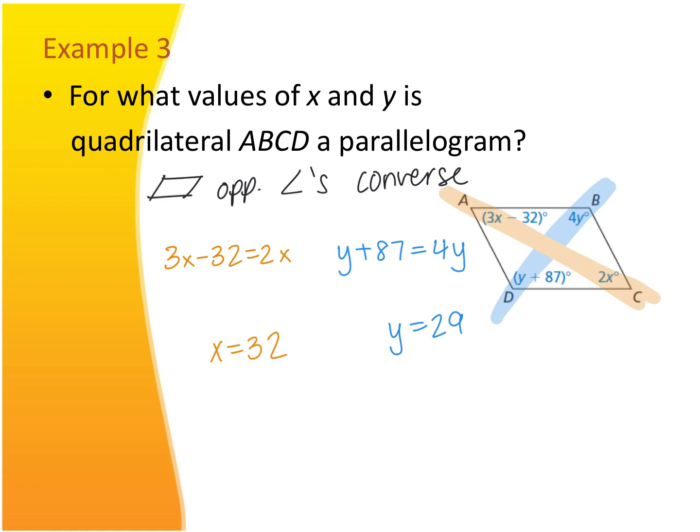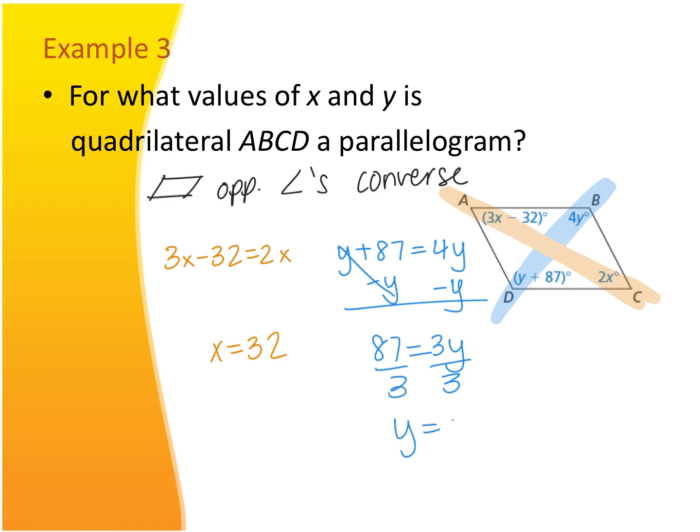Do I need to show the work? For y? All right, I'll do y. Subtract your y. These are going to cancel out. You're going to get 87 equals 3y. That's it. Y is 29.